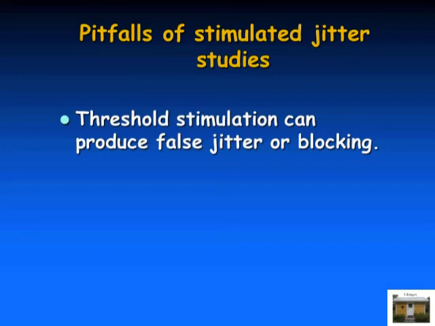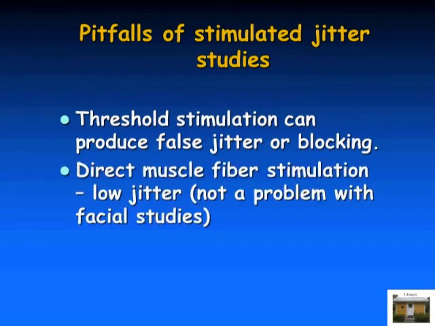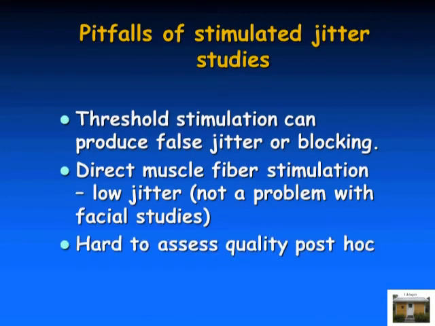And it's very difficult to be sure that that's not happening. And if you're stimulating the muscle fiber directly and you get the low jitter, then that's another thing that has to be recognized. And as I mentioned, this is not a problem with facial nerve studies. These potential artifacts must be recognized while you're making the recording because they're very difficult to identify from pictures or even from tape recordings or other types of recordings.